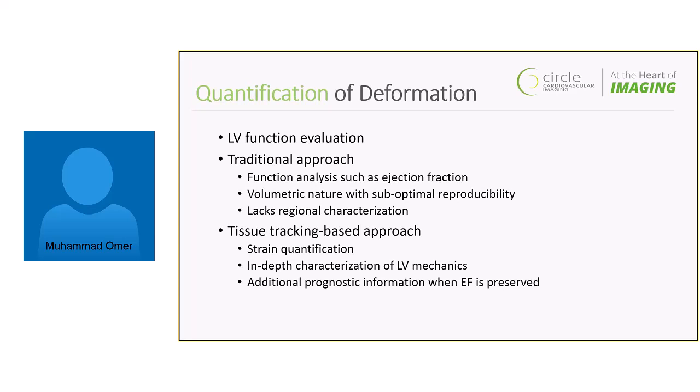There are quite a few different heart pathologies which are typically identified by analyzing the reduced ejection fraction, but there are cases when the ejection fraction is preserved, but still there is an underlying heart pathology. In addition, due to the volumetric nature, it also lacks regional characterization of the left ventricle, so it's hard to locate the problem within the heart muscle.